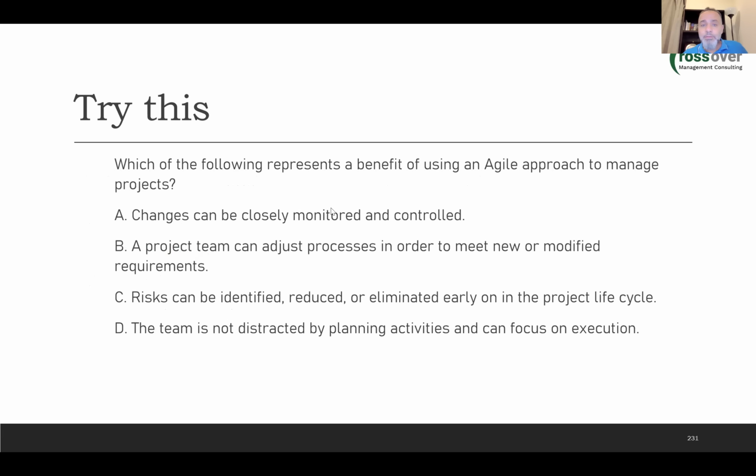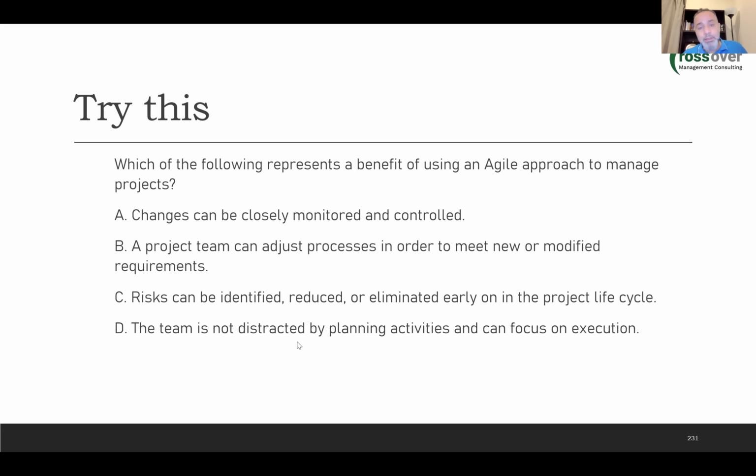Okay, another question. Which of the following represents a benefit of using an agile approach to manage projects? Okay, we're seeking benefits. Changes can be closely monitored and controlled. A project team can adjust processes in order to meet new or modified requirements. Risks can be identified, reduced, or eliminated early in the project life cycle.